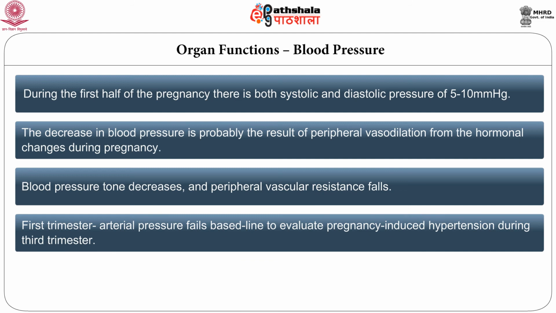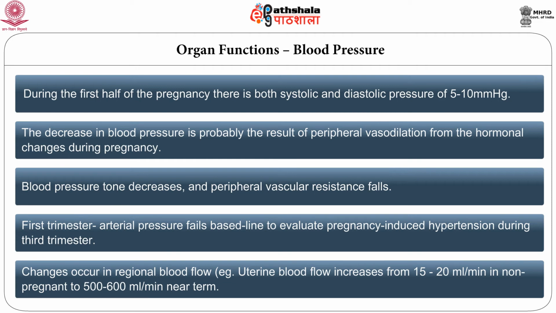First trimester arterial pressure is the baseline to evaluate pregnancy-induced hypertension during the third trimester. Changes occur in regional blood flow, that is, uterine blood flow increases from 15 to 20 ml per minute in non-pregnant to 500 to 600 ml per minute near term.